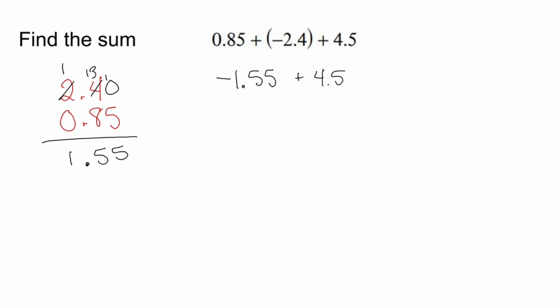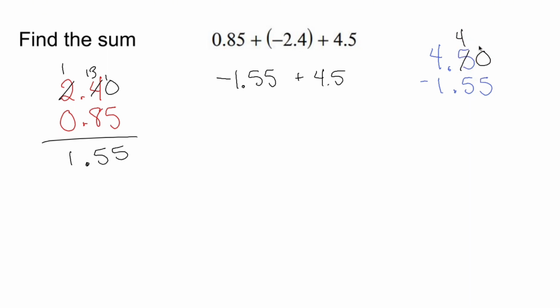Drop down the 4.5. Now, in this case, I have a negative number being added to a positive again. But since the positive number is larger, my answer is going to remain positive. So I'm going to once again go off to the side and do 4.5 minus 1.55, but I'm going to make sure that my answer remains positive. We have to attach a 0 there, okay?